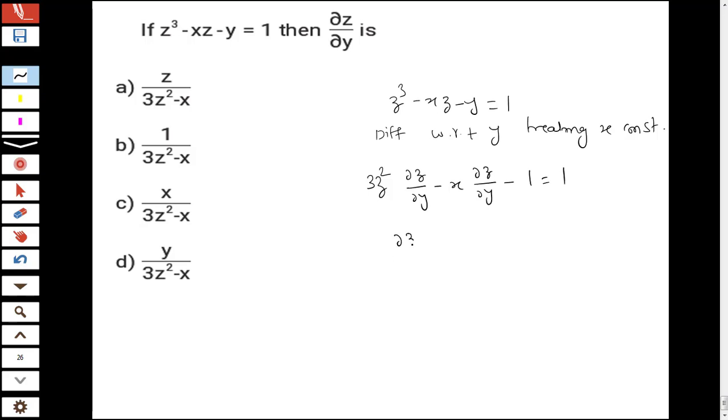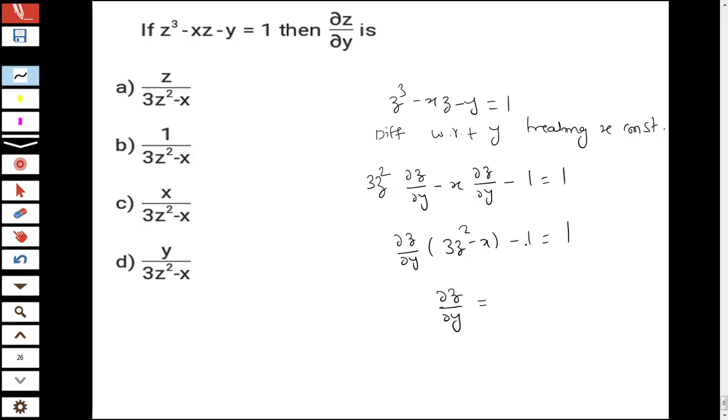Just simplify it. Del z by del y into bracket (3z square minus x) minus 1 is equal to 0, so the 1 will go to the right hand side.